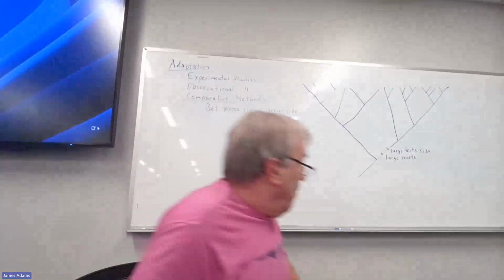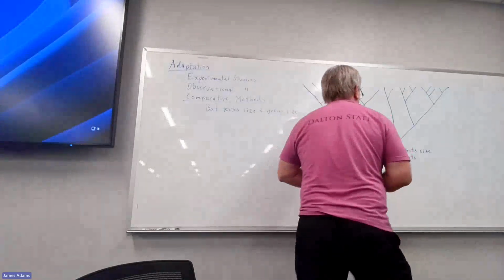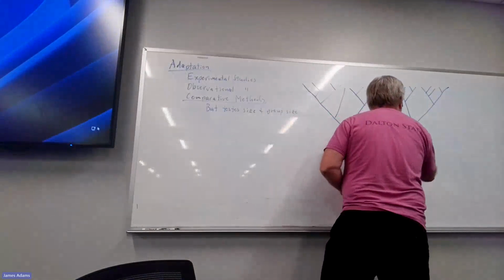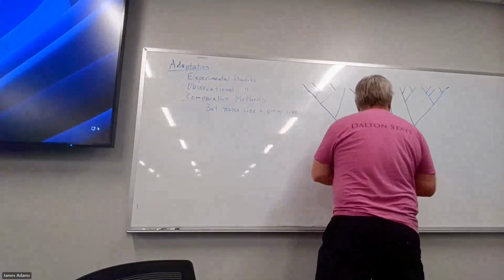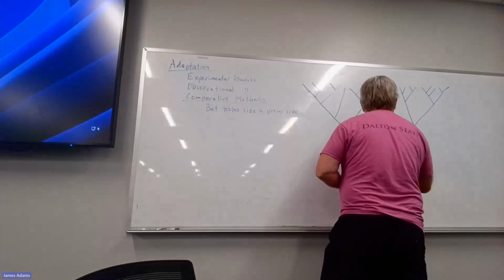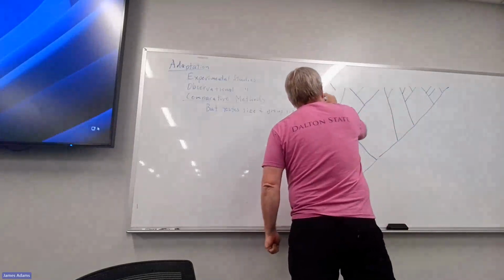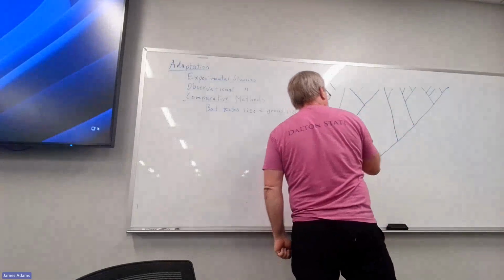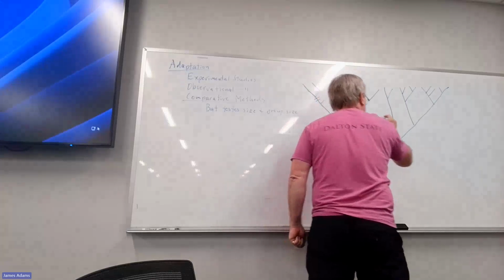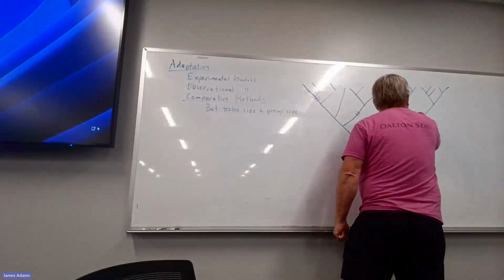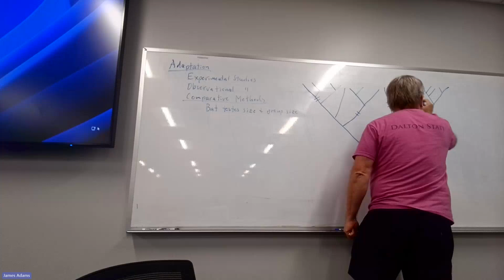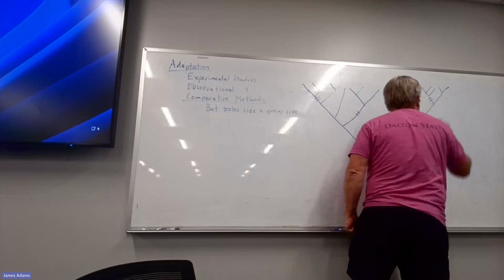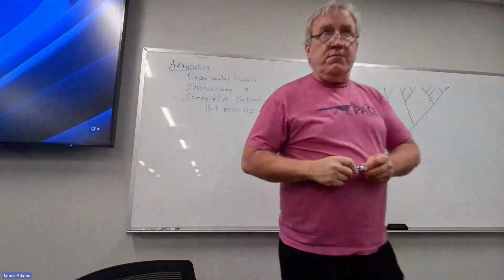Okay. But suppose what you found instead was this, that if you look at the phylogeny of bats, large group size and large testis size were there, and large group size and large testis size were there, again and again.